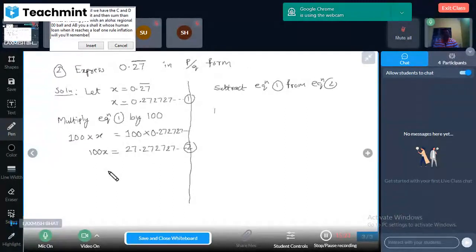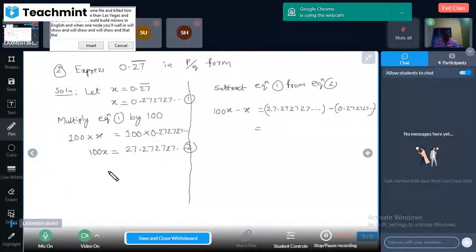So we will get 100x in equation number 2 minus x in equation number 1 on the left side, and on the right side we have 27.272727, the right hand side term of equation number 2, minus in equation number 1 we have 0.272727.